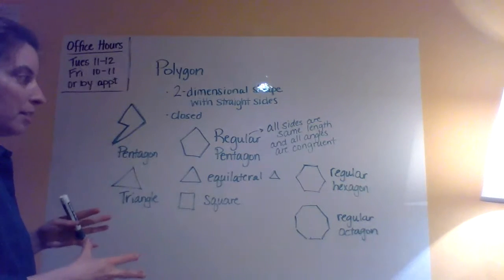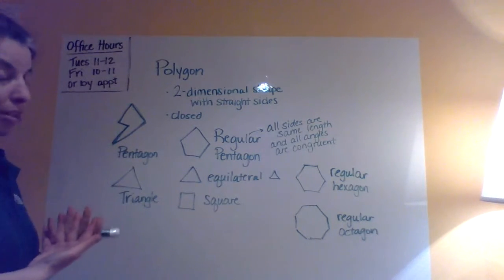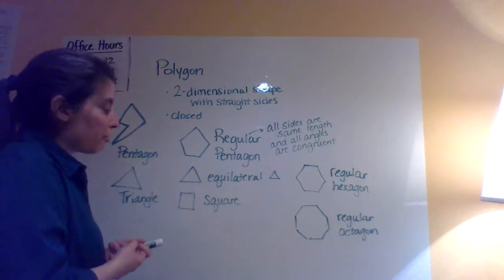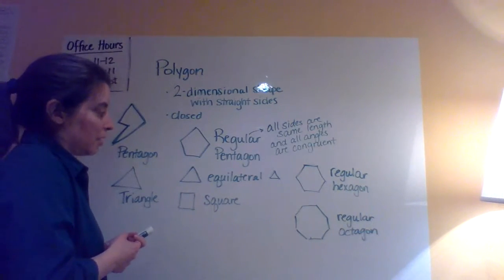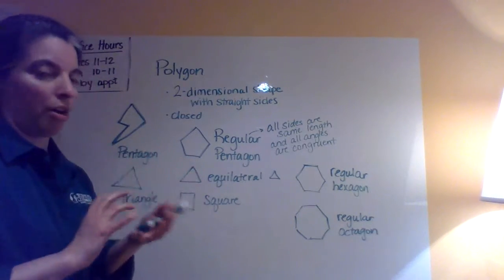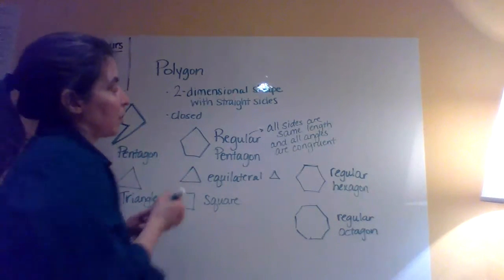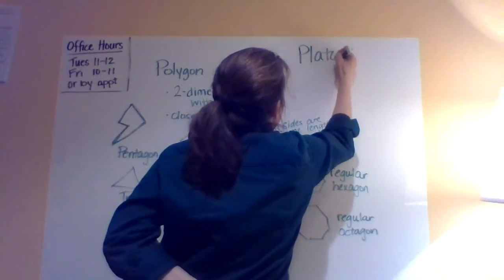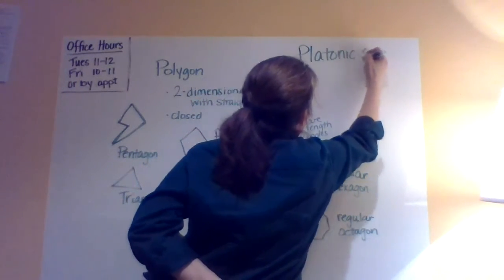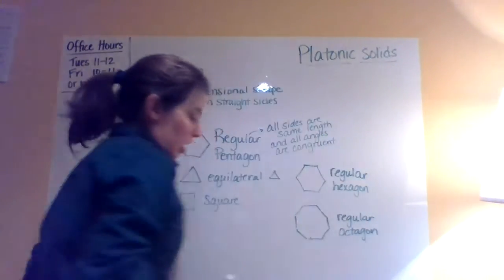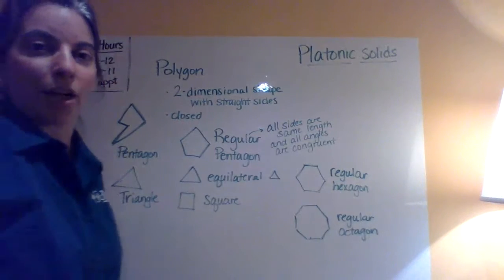if we then think about three-dimensional shapes, okay? Some of our three-dimensional shapes are made up of sides where all the sides are the same. So there are a group of shapes called the Platonic solids. Okay, Platonic comes from Plato, the person Plato.